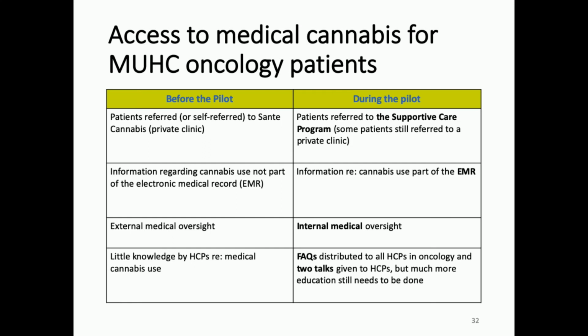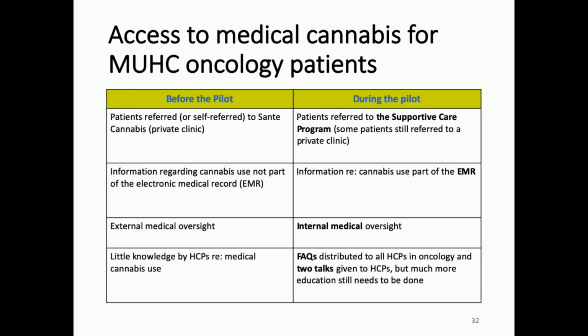So which were the other positive aspects that we noticed? First, patients were not referred outside the hospital anymore, they were referred to our program, okay? And the information regarding this patient was available to all hospital professionals. So if a patient was coming to emergency and was taking cannabis, they knew exactly what and why they were taking it.